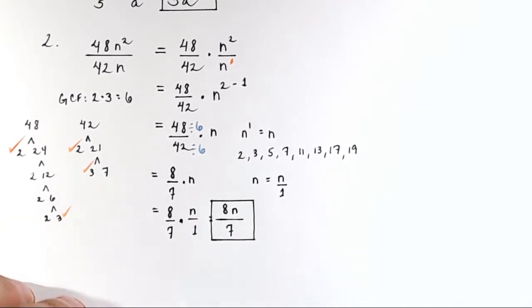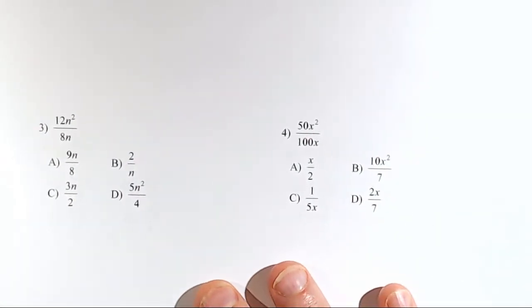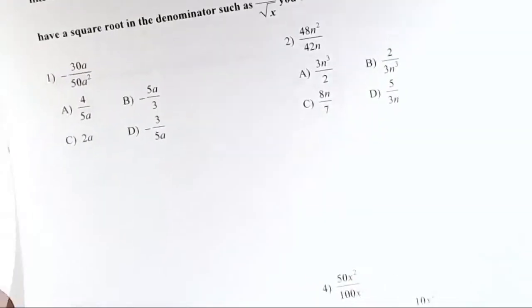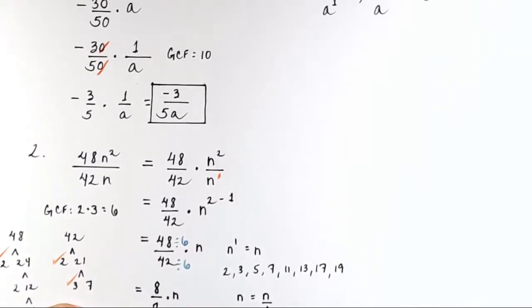Okay? So the next two problems, number 3 and 4, are solved in exactly the same way as numbers 1 and 2. So I think I'll leave those for you to do. I don't want to give away the whole game here. Let's see what's coming up next.